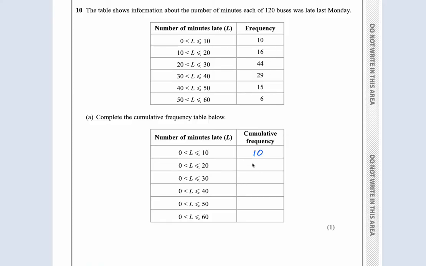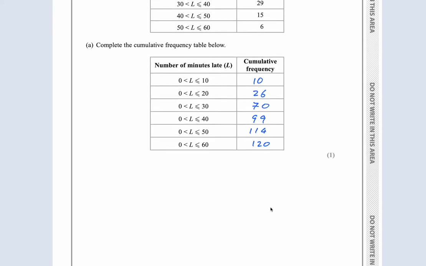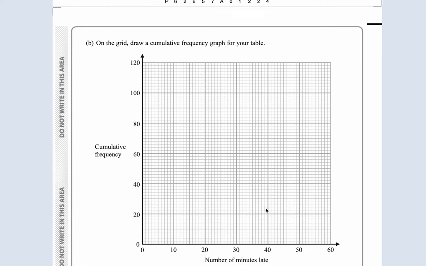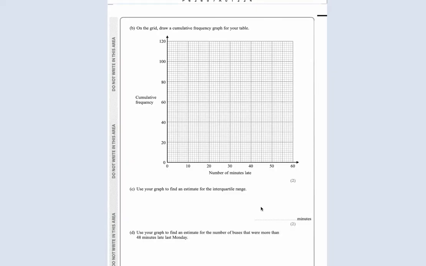So 10 plus 16 is 26, plus 44 is 70, plus 29 is 99, plus 15 is 114, plus 6 is 120. Okay, now he's asking me to draw the cumulative frequency graph. Let me zoom out.